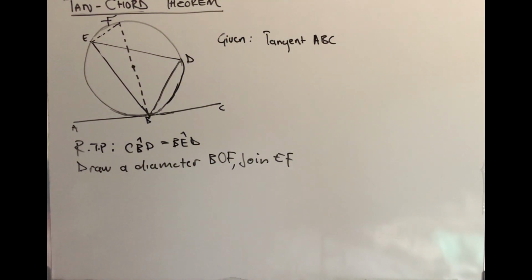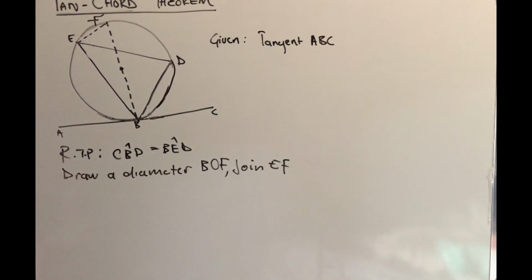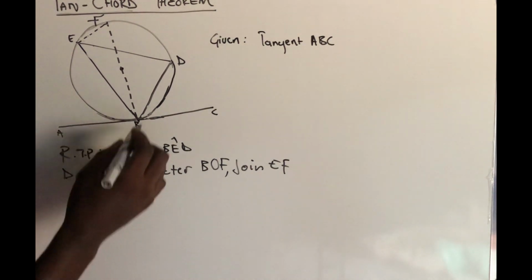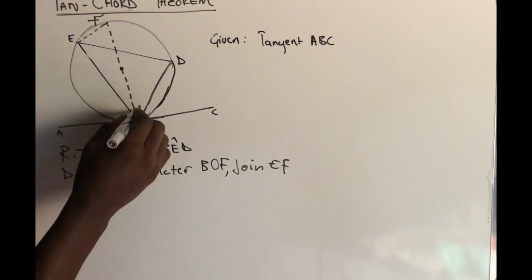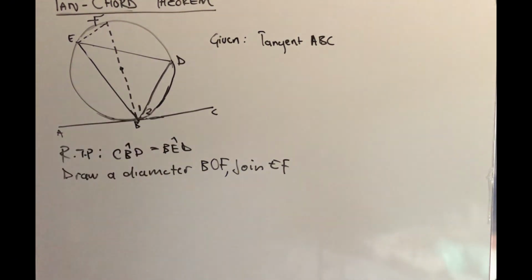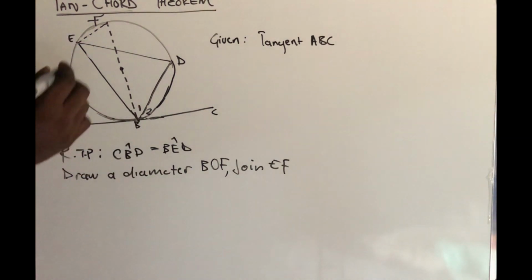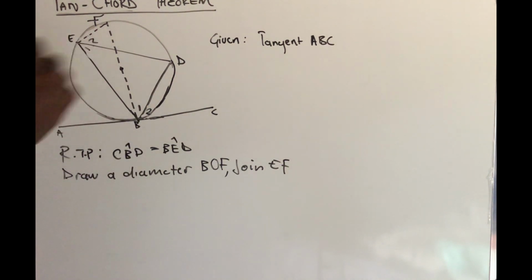Now we see that there are divisions of the angles. So let's name this angle B1, and this one here angle B2. I hope everyone can see that. And let's name this E1 and E2 here.